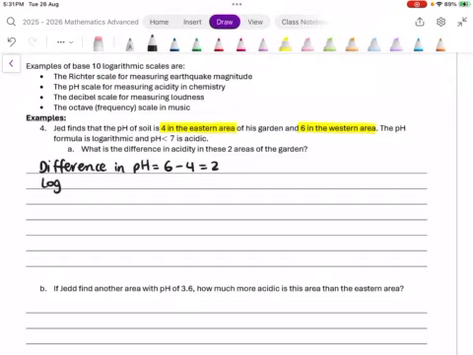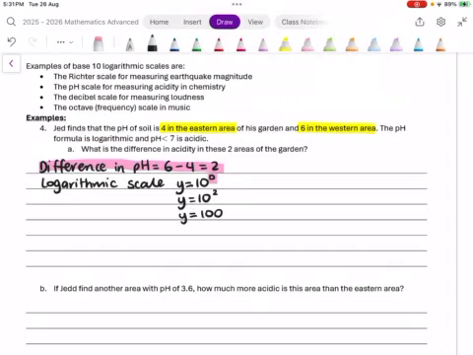Then we use our logarithmic scale. Our logarithmic scale is y equals 10 to the power of the difference. Our difference in pH is equal to 2, so y equals 10 to the power of 2, which is equal to 100.